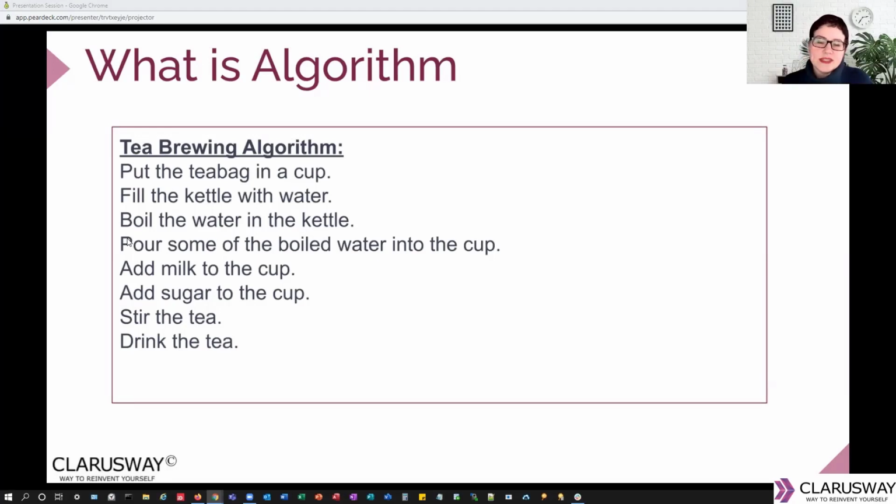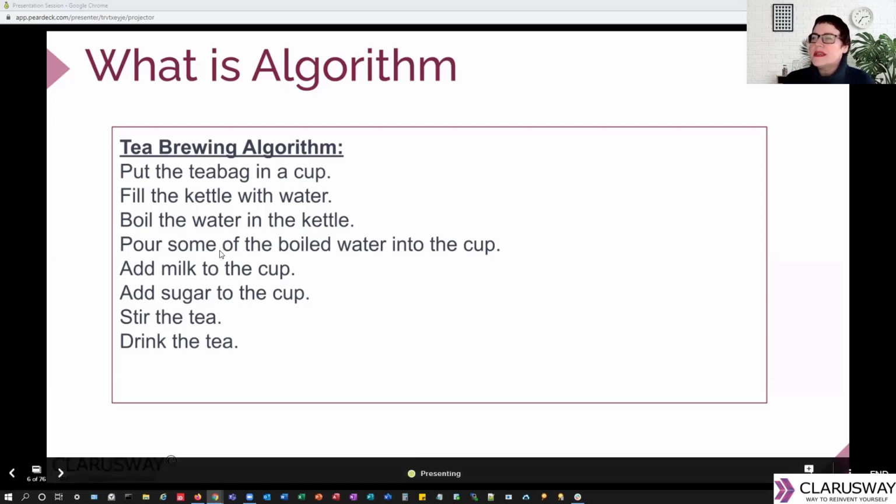And you'll see the distinction there that we have boil the water in the kettle, pour some of the boiled water into the cup, add milk to the cup, add sugar to the cup, stir the tea, drink the tea. Sounds pretty simple.